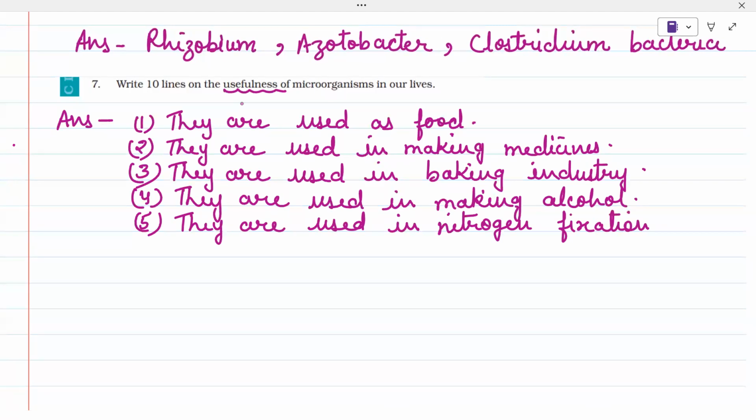So what happens because of this nitrogen fixation? We get the food items which are rich in protein, right? Also, they are helpful in converting milk into curd. They convert milk into curd.